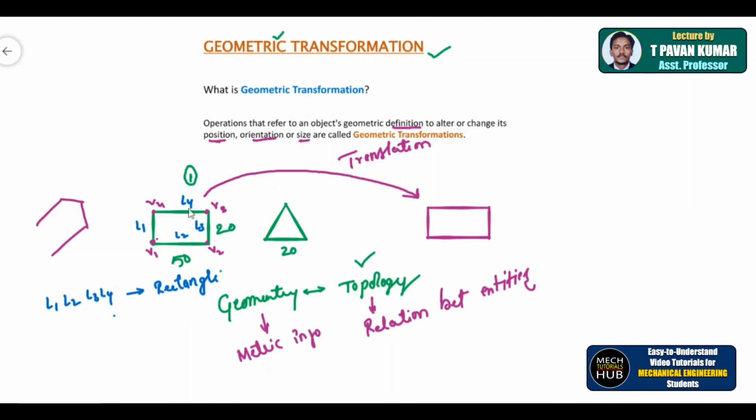Similarly, orientation. With the same object, if I want to rotate with respect to V1, what happens? From V1 it is going to change its position. Have a look, it is rotating something like this.